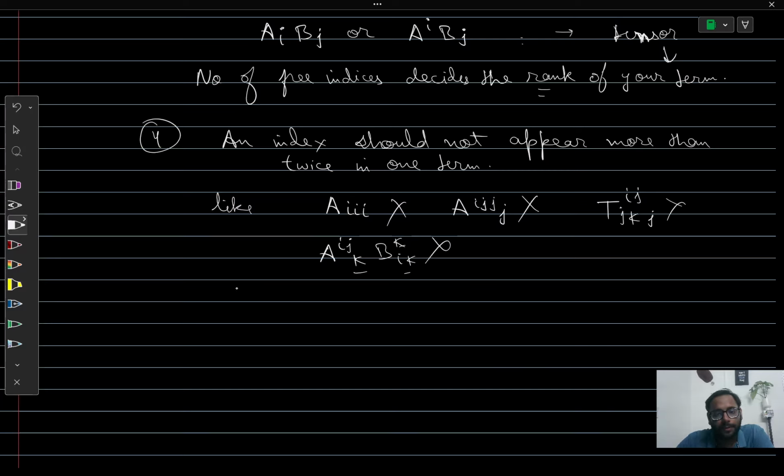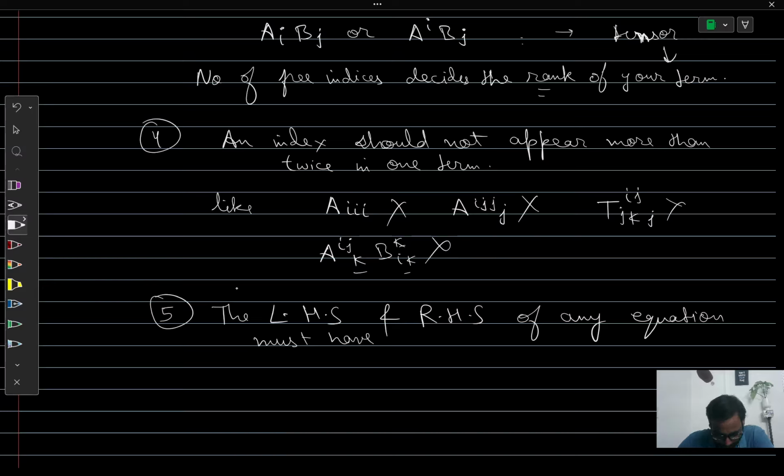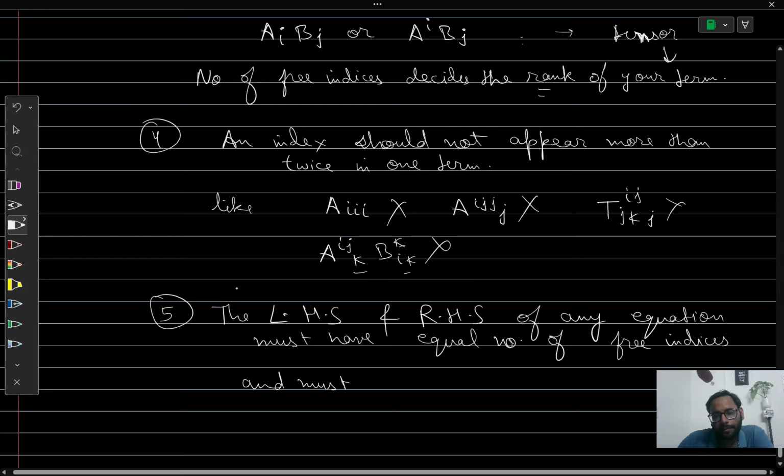Now, the last one is that the LHS and RHS of any equation must have an equal number of free indices, and must have the same position on both sides.